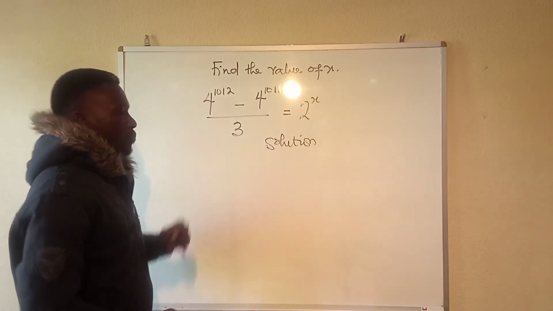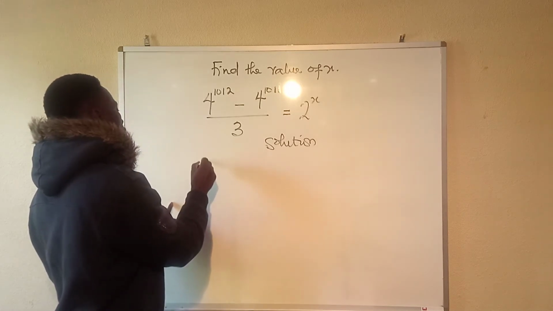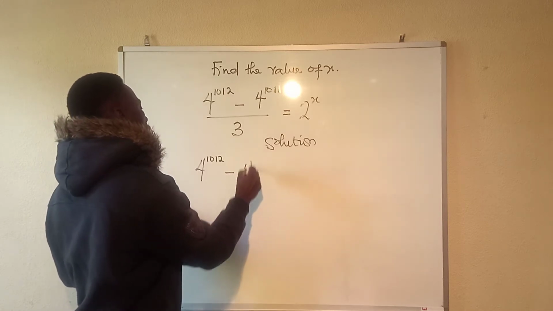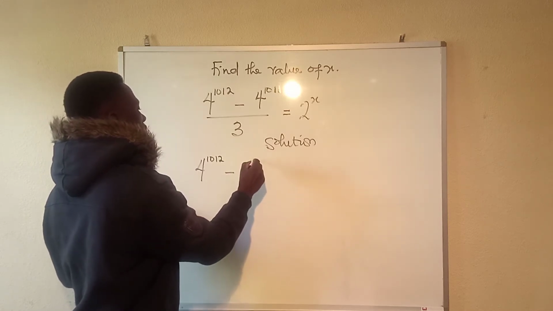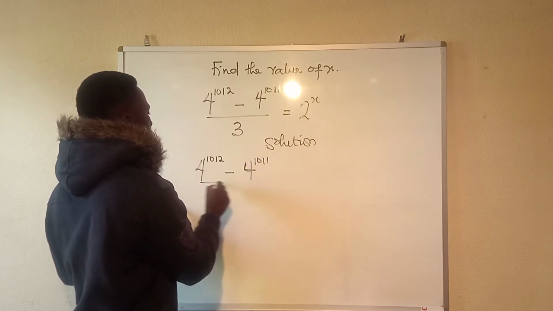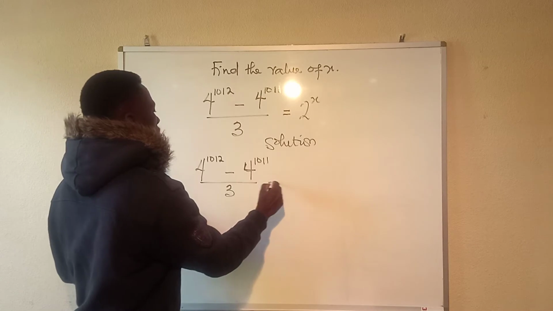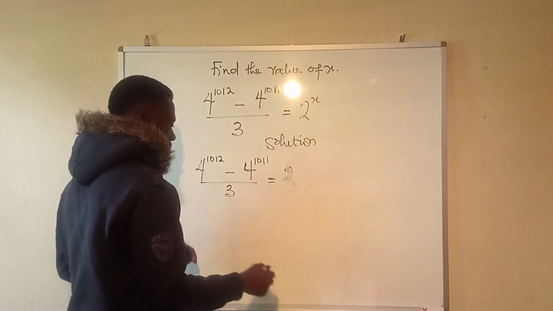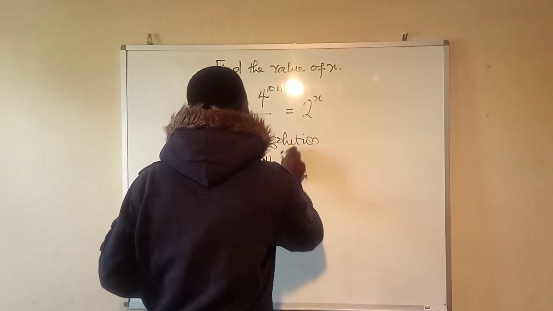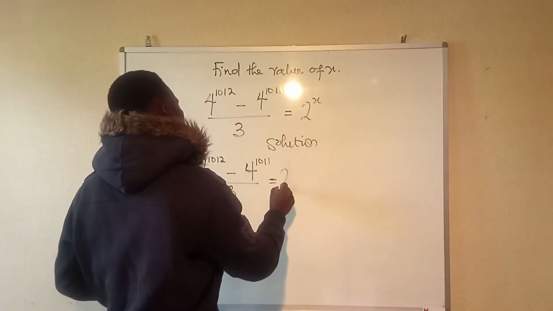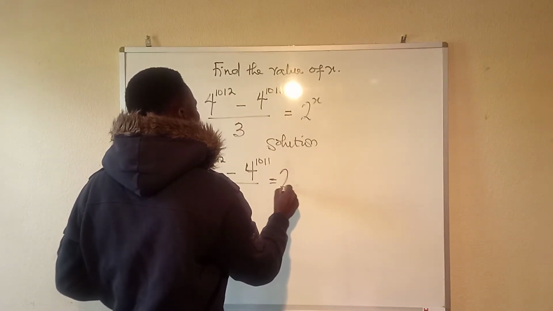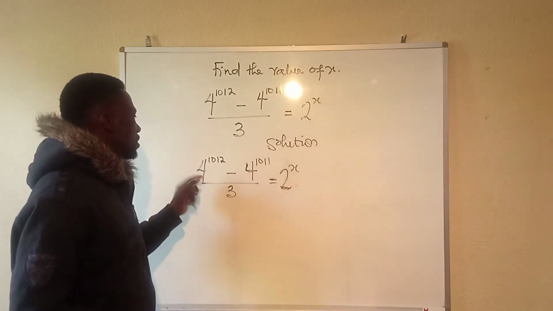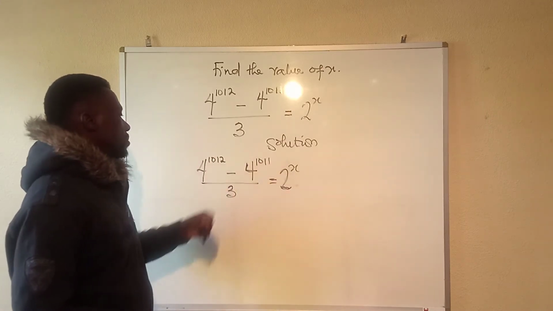Now, let's put our question here once again. So we have 4 to the 1012 minus 4 to the 1011 all over 3. This is equal to 2 to the x. So what we're going to do is simplify the numerator part.